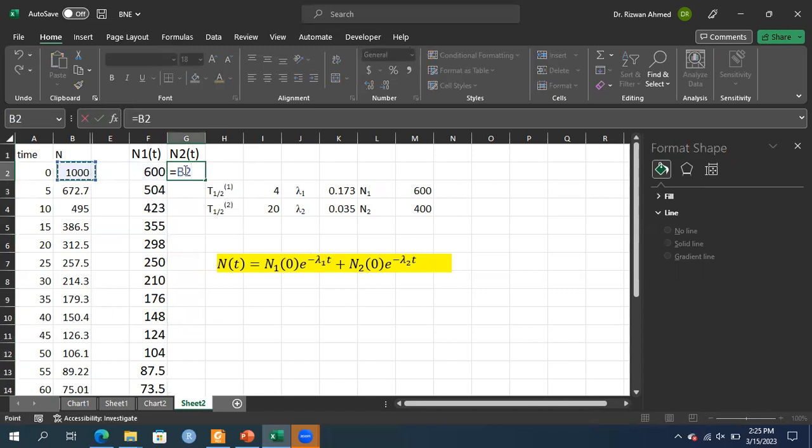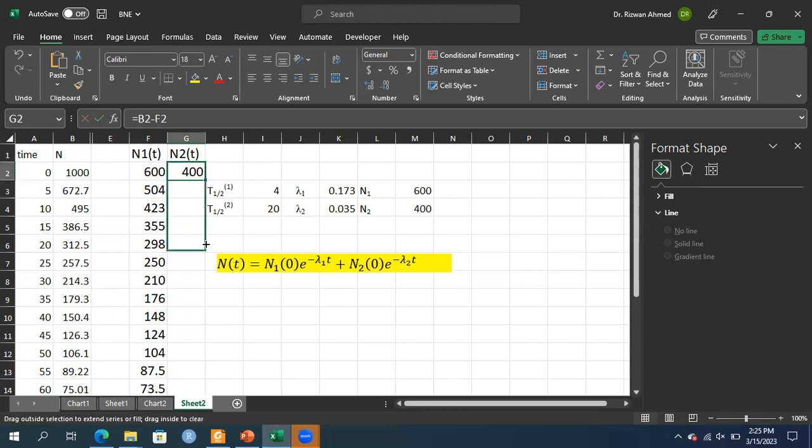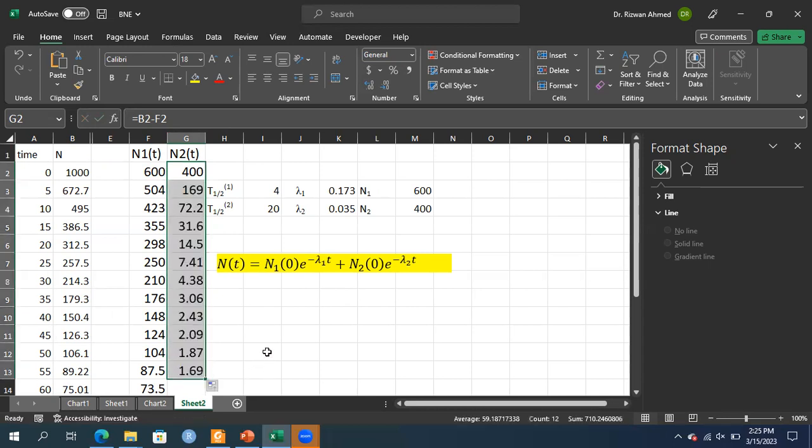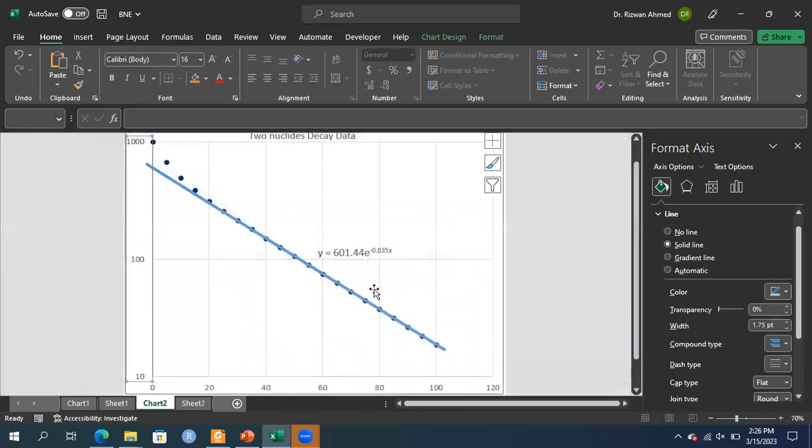So you calculate N of T minus N1 of T, and then this column becomes the problem of a single isotope, right? Now N2 of T, when plotted against the time axis, will be the single nuclide. So from the two nuclide problem, you can do this decomposition of the radioactivity contributions.